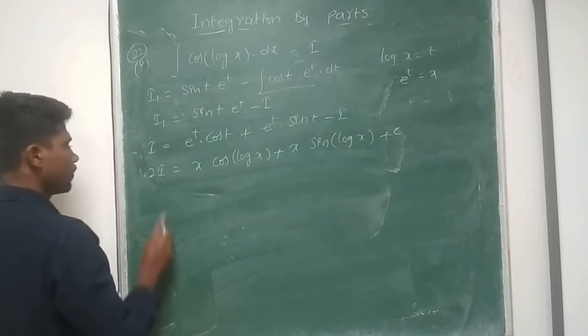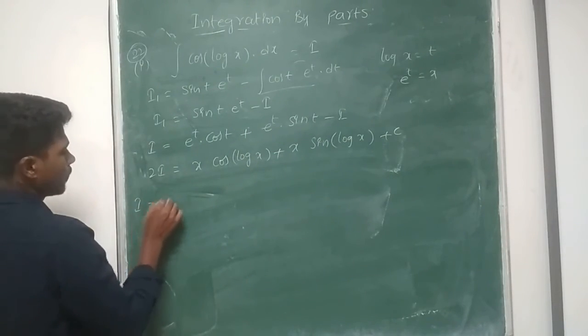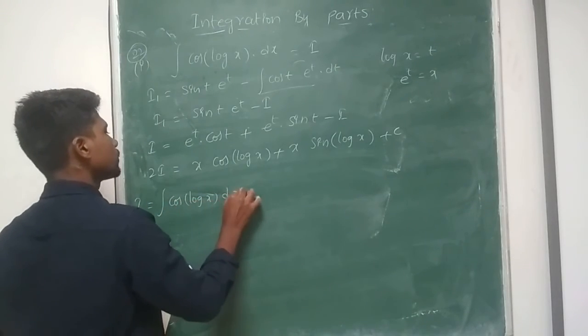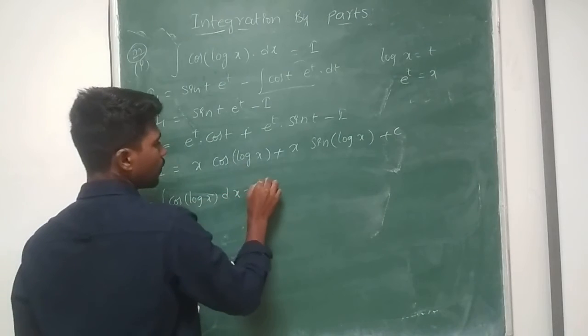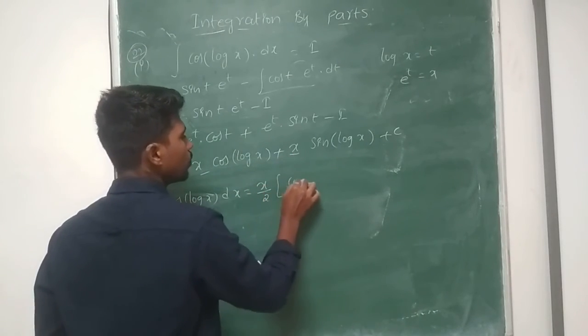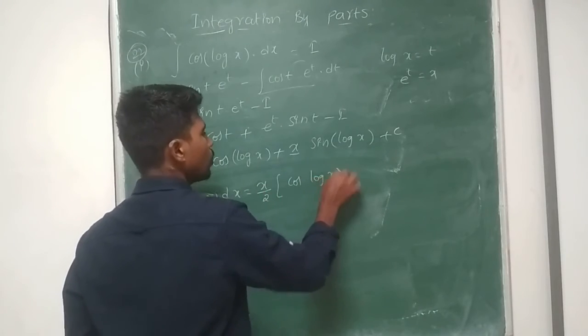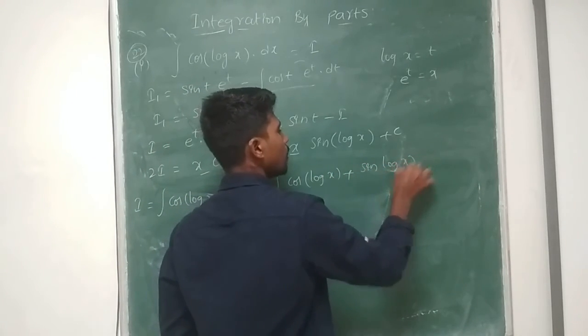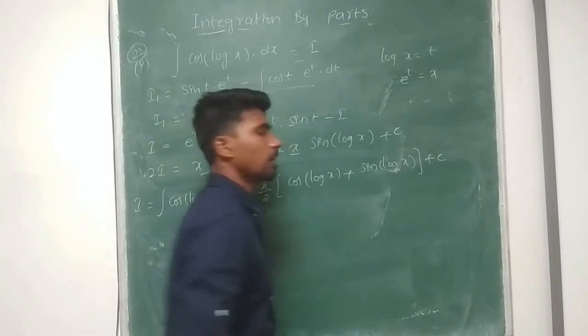Now our final answer I, which is nothing but integral cos log x dx, is equal to, here and here I can take x common, so x by 2 into cos log x plus sin log x plus a constant.